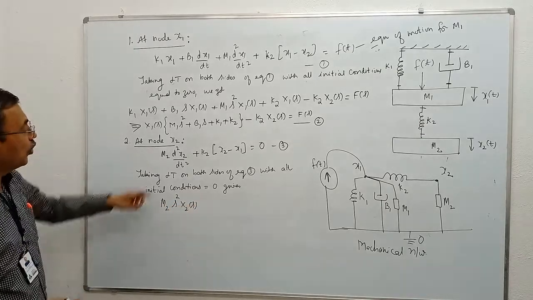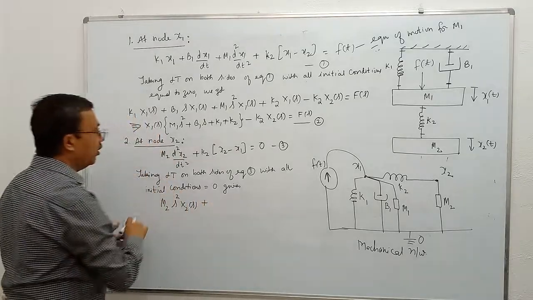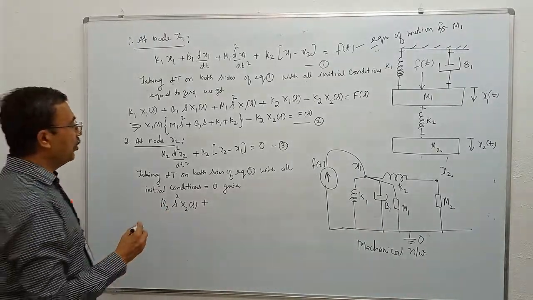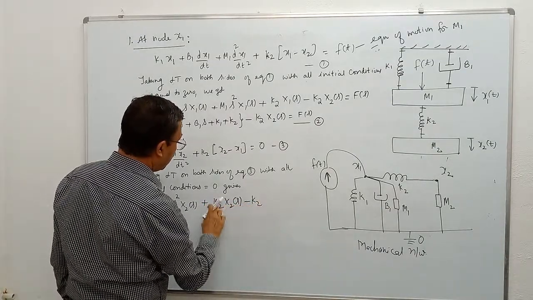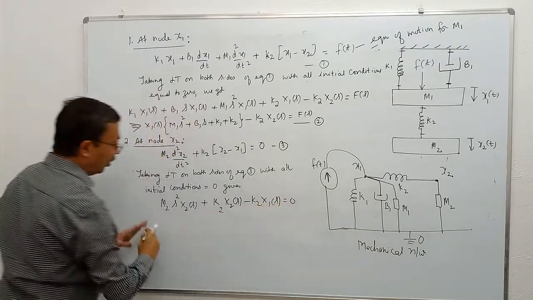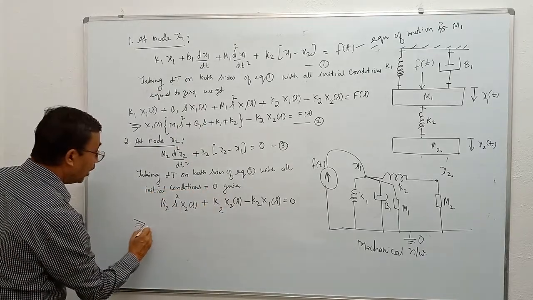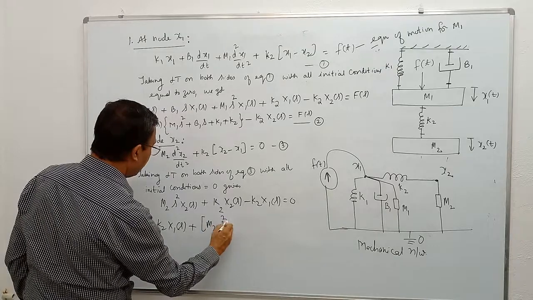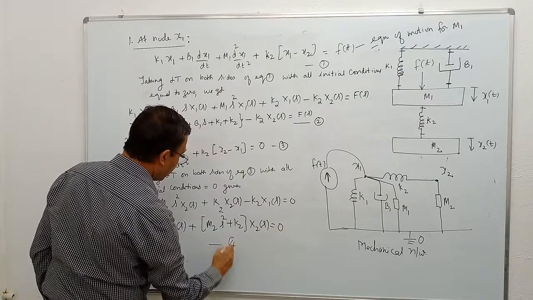Once you take Laplace transform, small x2 should be replaced by capital X2, meaning a lowercase letter will be represented by an uppercase letter, plus k2 into x2 of s minus k2 into x1 of s is equal to 0. Now I will write x1 of s terms separately, x2 of s terms separately. This implies minus k2 into x1 of s plus m2 s square plus k2 into x2 of s equal to 0.